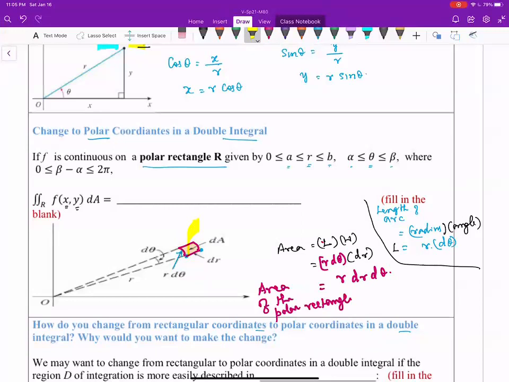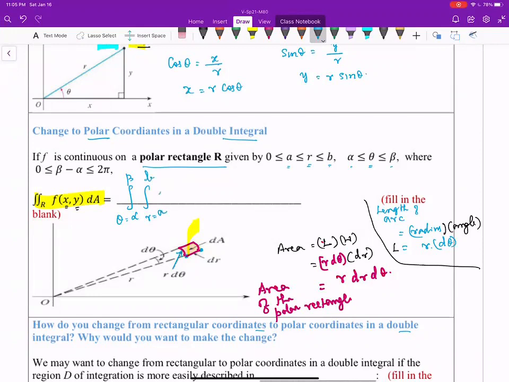So the double integral over R of f of x y dA can be written as a double integral, one for theta, which is alpha to beta, the other one for r, which is from a to b.